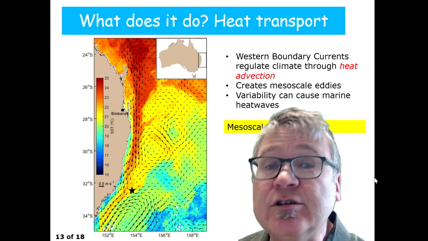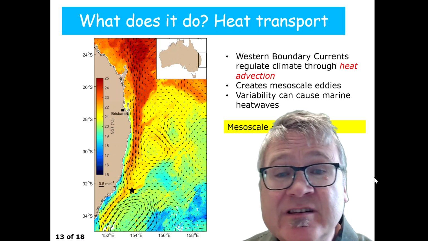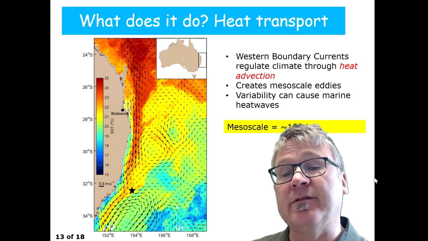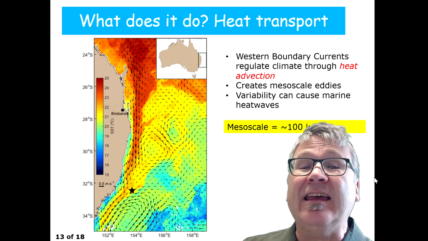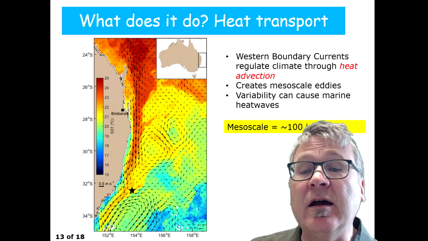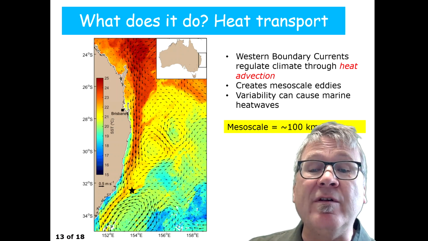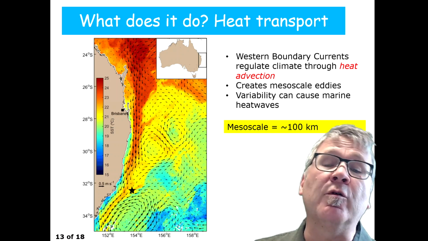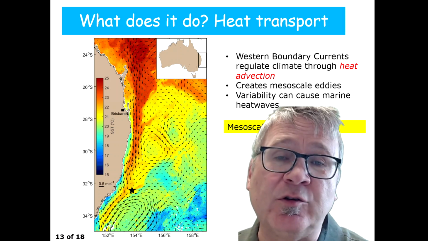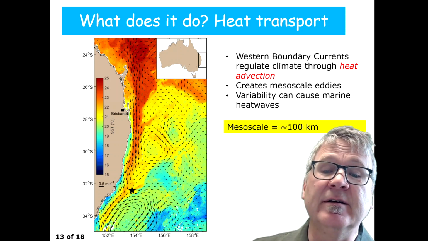Shown here is the sea surface temperature derived from satellite observations on the east coast of Australia, and the orange water refers to water warmer than 22 degrees Celsius.